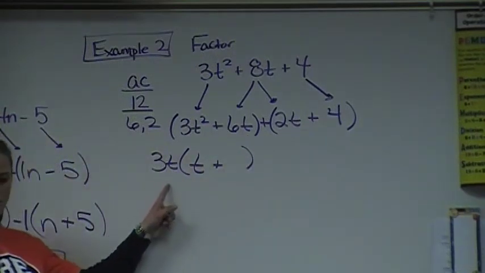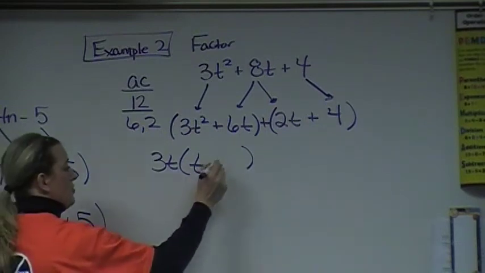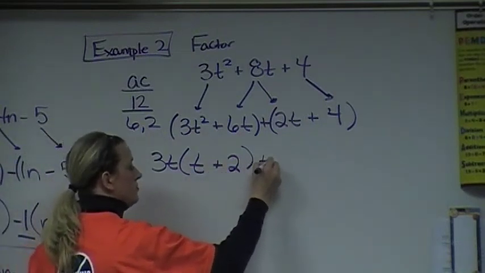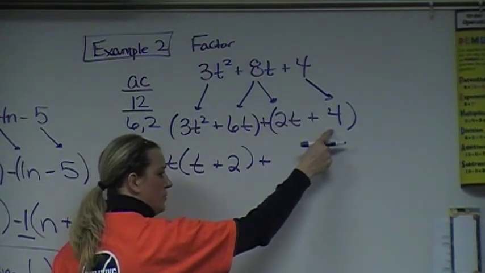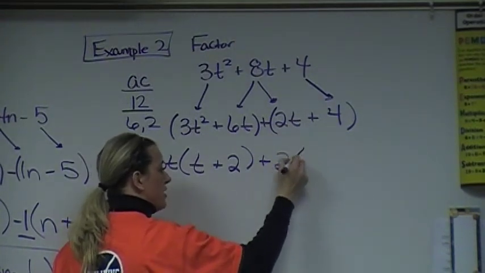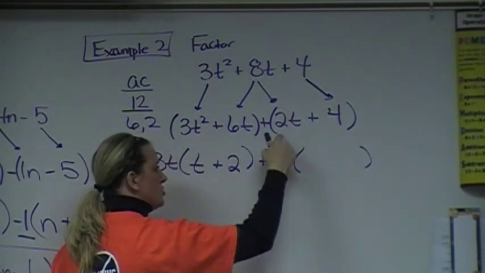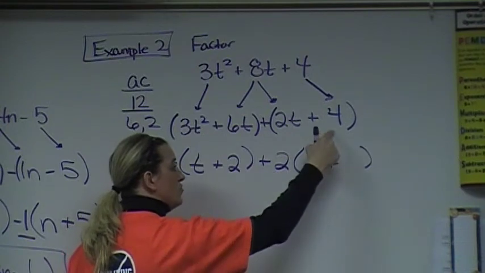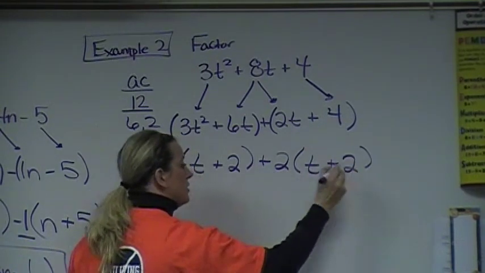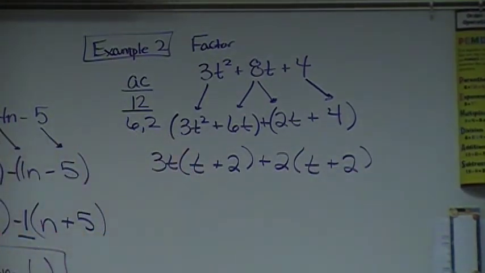Right, because we already factored out t. So we're left with just 2 here. Yep, plus, what is the greatest common factor of 2t and 4? 2, right. And 2 times what is 2t? t, plus 2 times what is 4? 2.